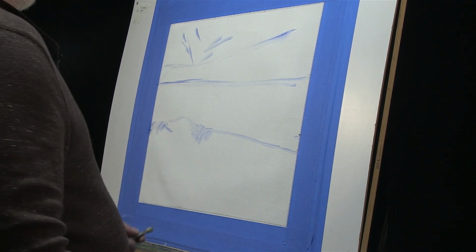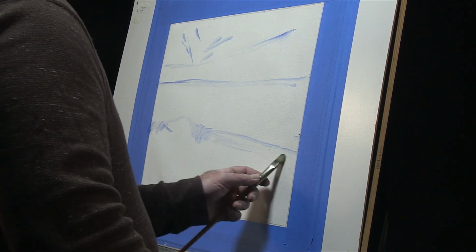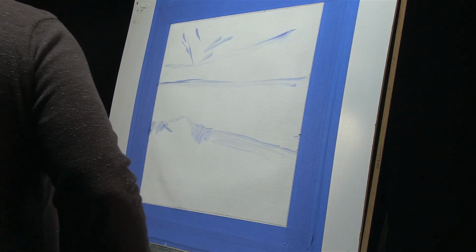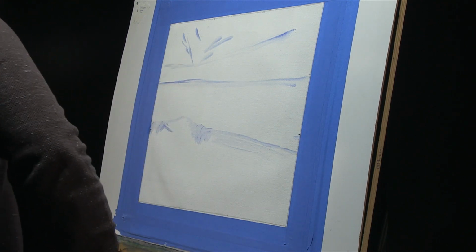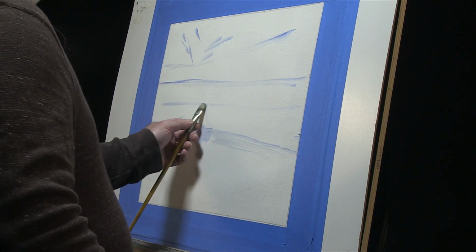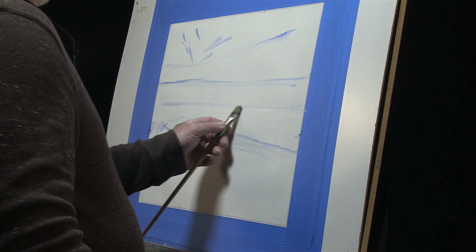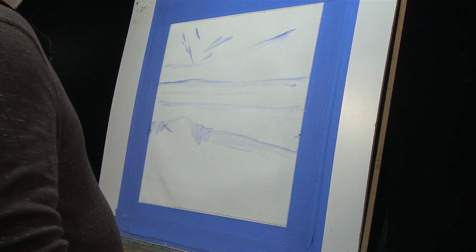Maybe some more over there. And the picture did not have a wave in the back, but I'm thinking we probably should put a wave maybe over here in the back a little bit. Maybe a small one there.